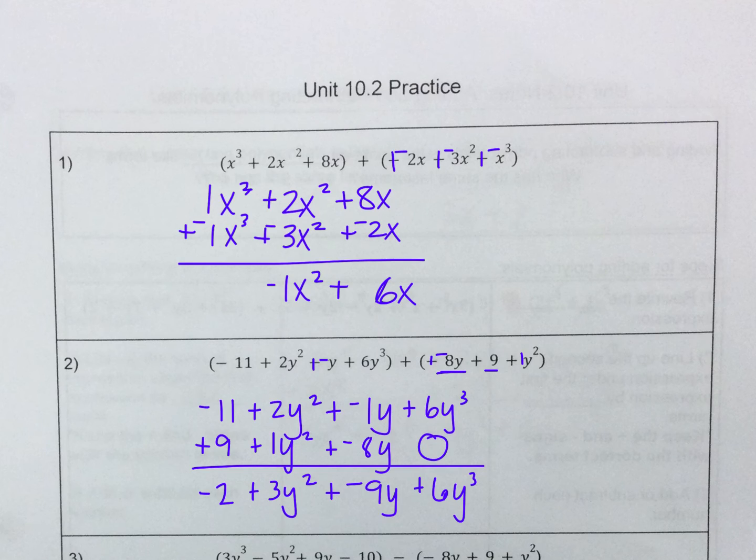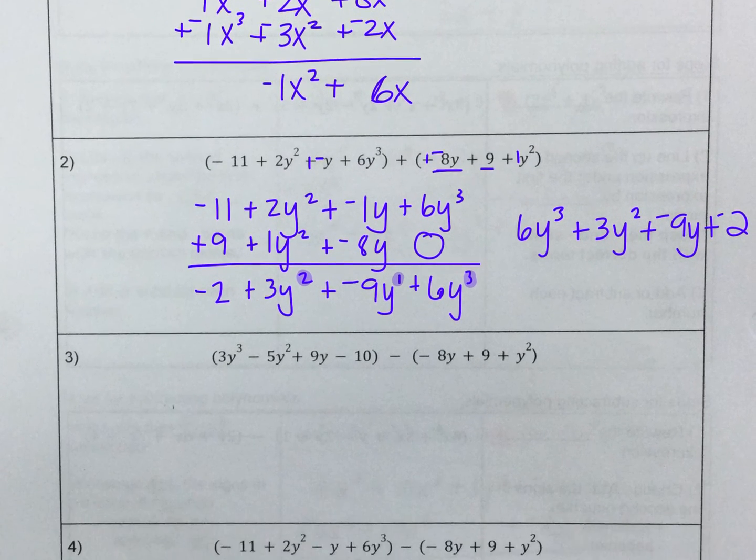And when I say order, I mean the order of the exponents. We know that there's a 1 exponent right there. So 3 is the biggest, so 6y to the third plus 3y squared plus negative 9y plus negative 2.